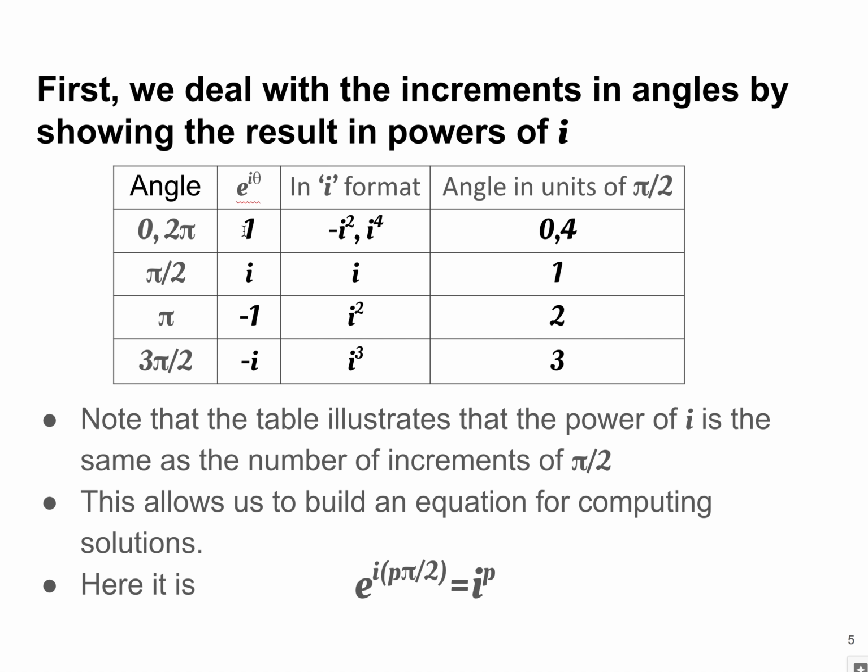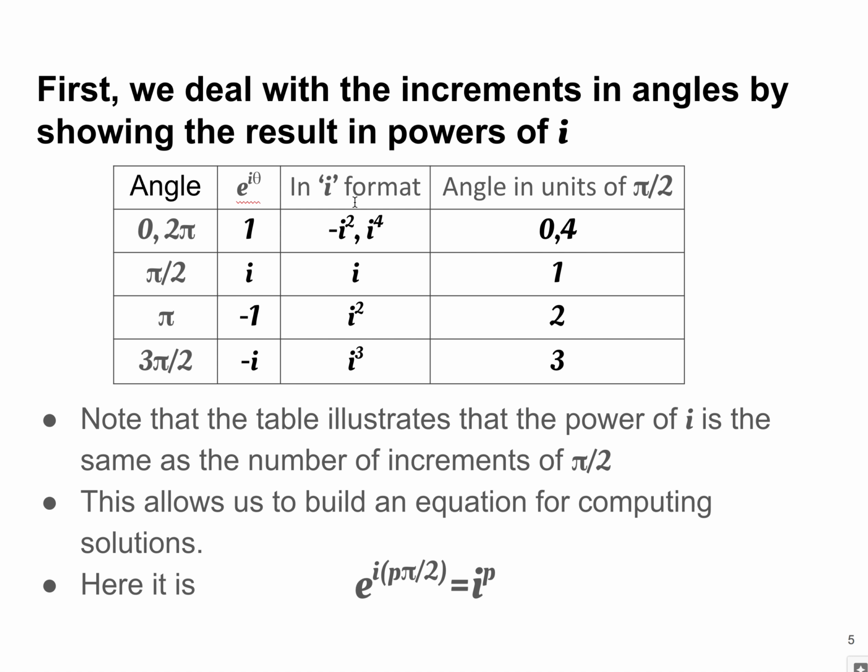But actually all of these numbers can be represented in what I call I format. That is, 1 is equal to minus I squared. Think about it. I squared is minus 1, and we have a minus sign here, so minus times a minus, that's a 1. Or I to the 4th is equal to 1. Of course, I is equal to I. Minus 1 is I squared. Minus I is I cubed.